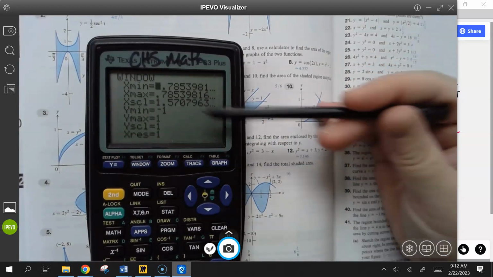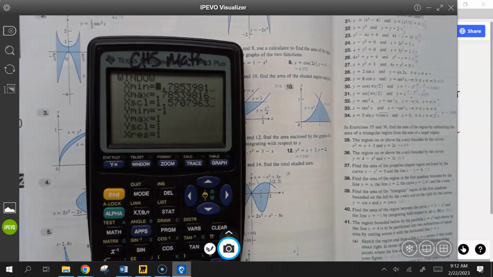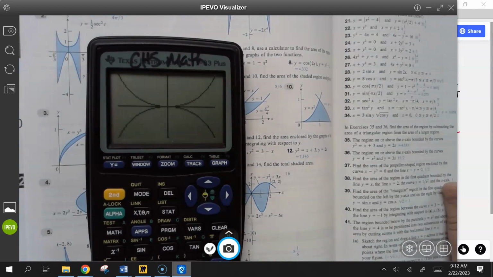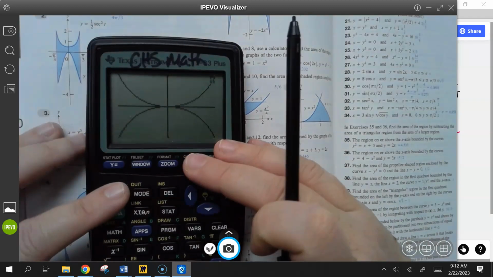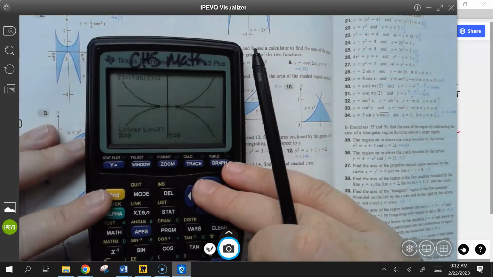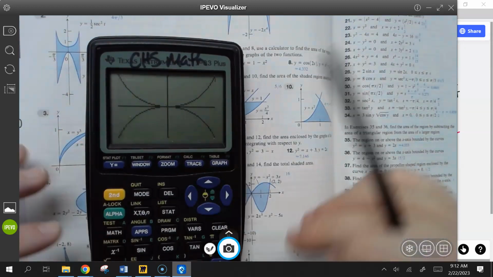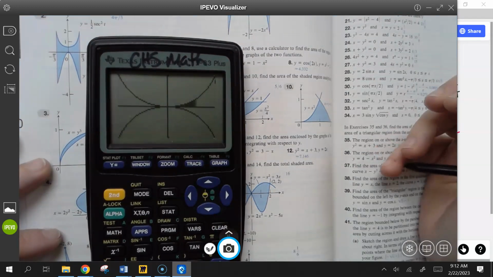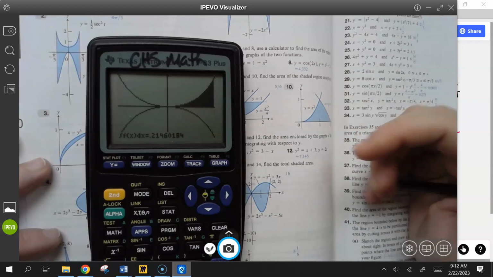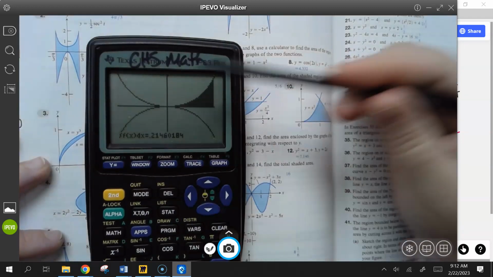And I just kind of zoomed in some here so you can see. I think I times that by 4. 1, 2, 3, 4.